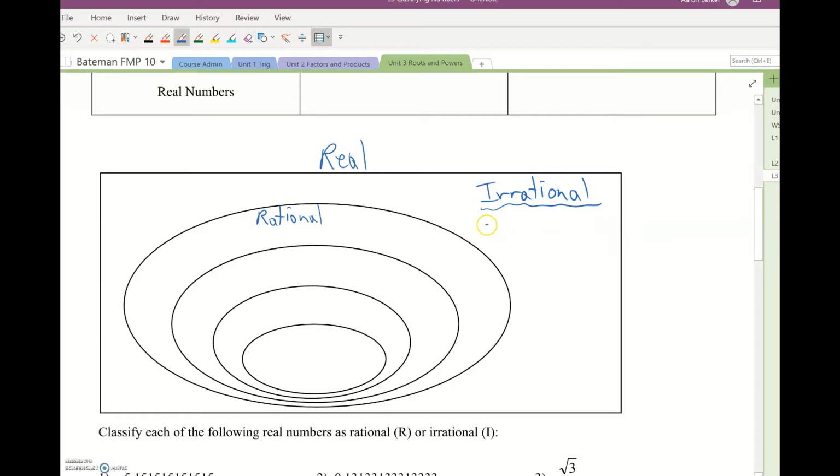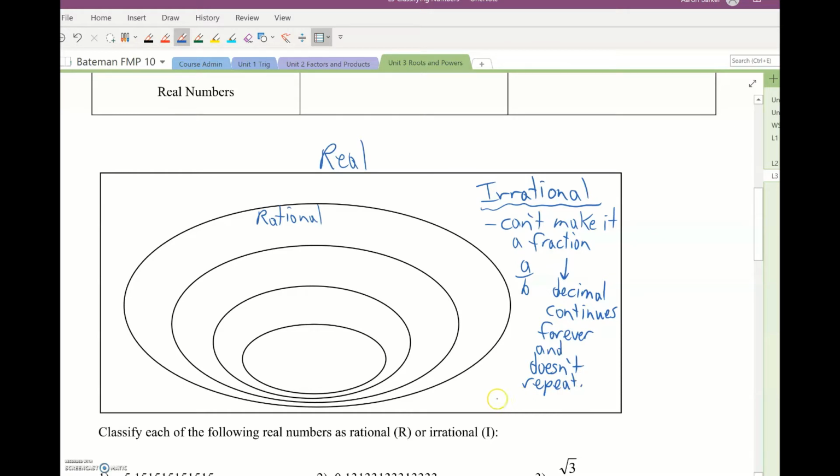A fraction is often explained as A over B. Because you can't make a fraction, the decimal continues forever and does not repeat.